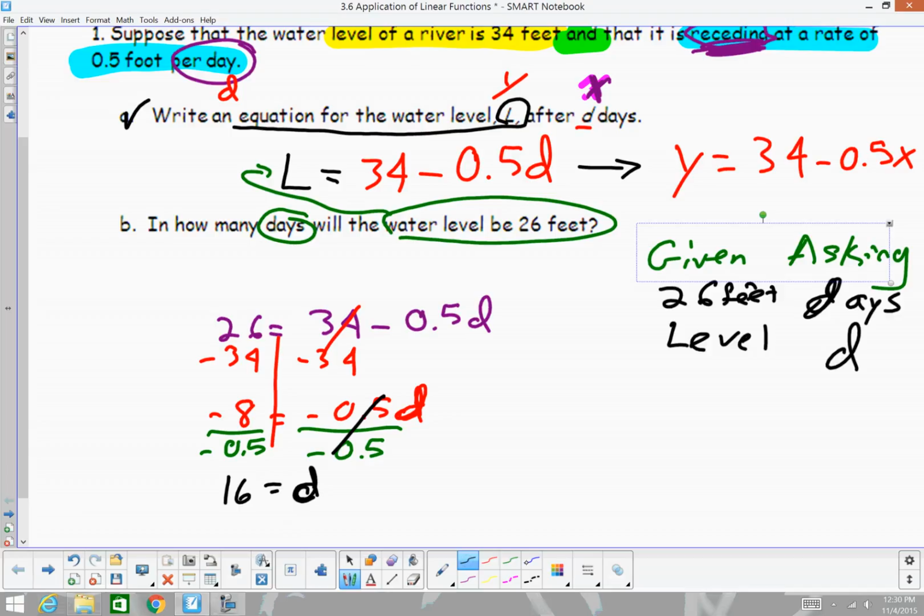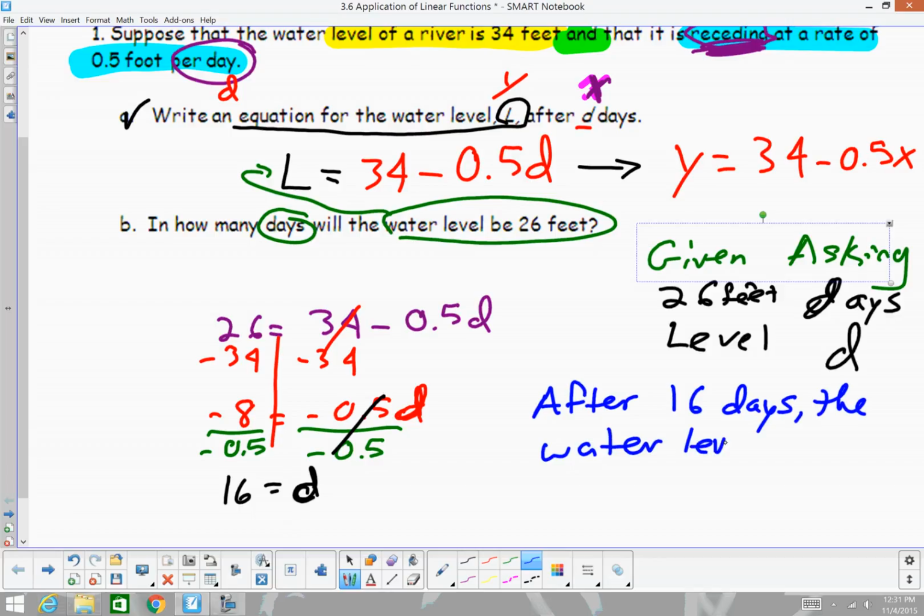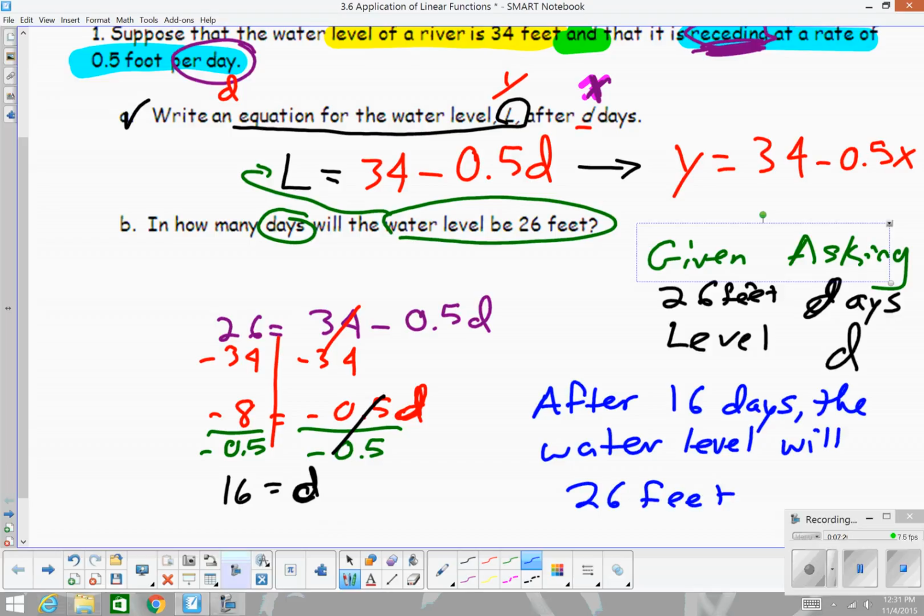So when I write an explanation, I'm going to say, after 16 days, the water level will be 26 feet.